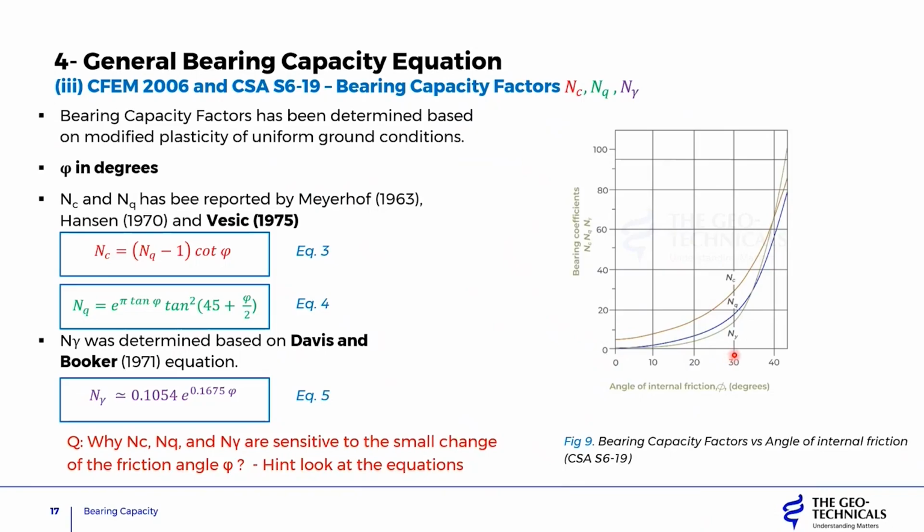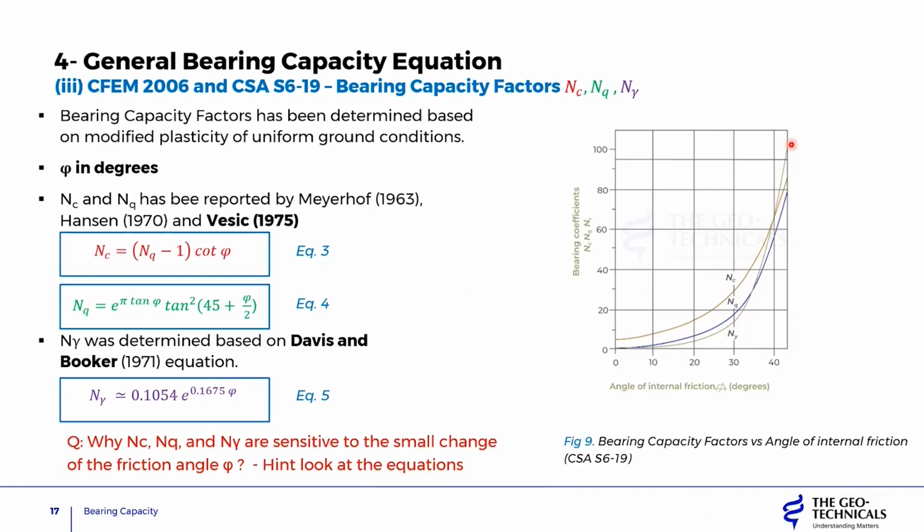If you have phi equals 30, you get N gamma and Nq and Nc as well. Nice. What I want to highlight here is how N gamma, almost after 33 or something, increases very high. It's at the bottom of the curve up to a certain angle of friction, and then it's flying.